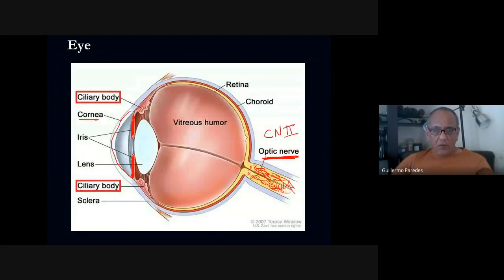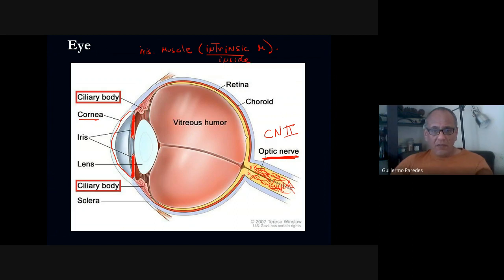Okay? So the iris is going to be muscle. That is a smooth muscle, but it is what we call the intrinsic muscle. What does intrinsic muscle mean? Intrinsic means inside. Inside what? Of the eye.